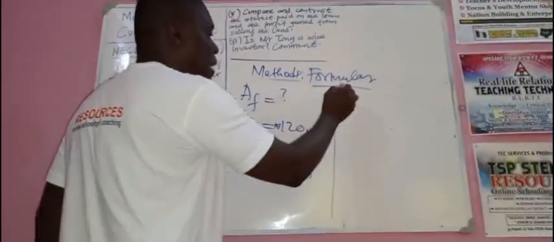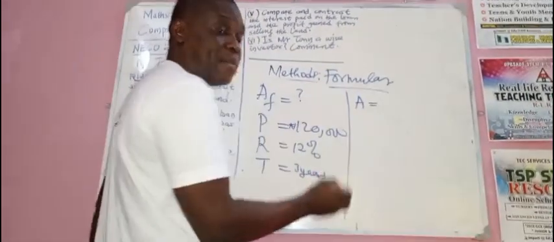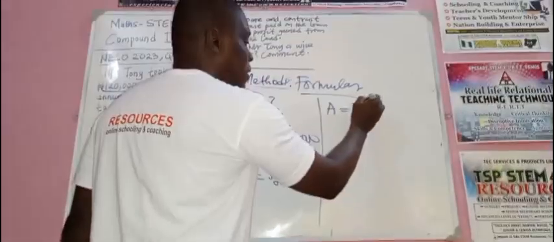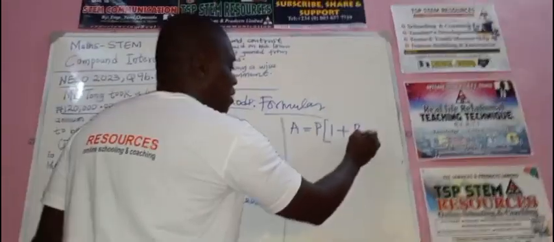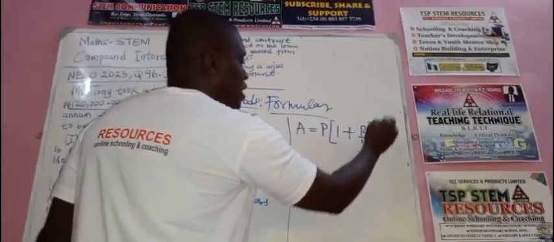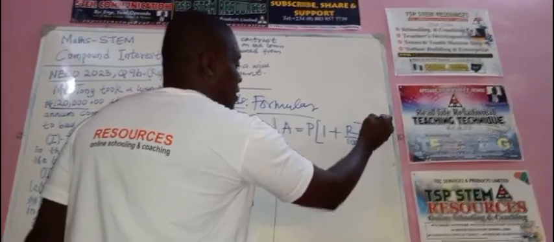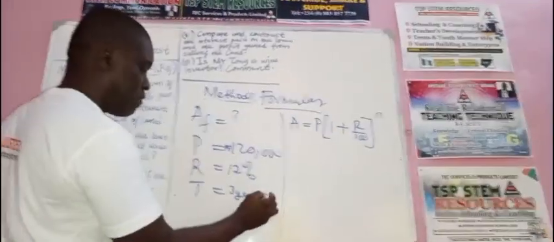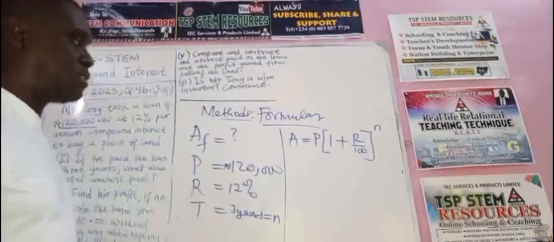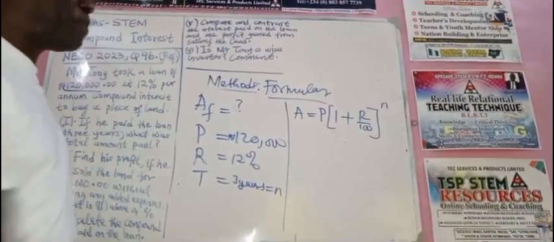In this formula, the formula for amount is principal times 1 plus rate of interest divided by 100, raised to the power n, the number of years. This n means number of years. Take note of that.